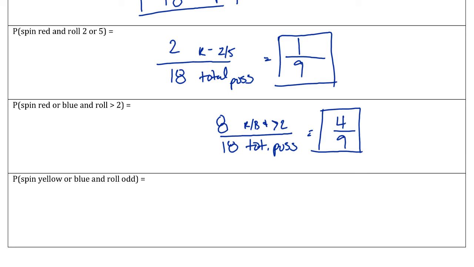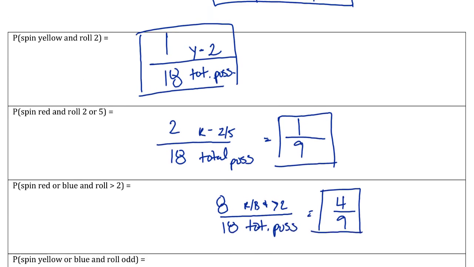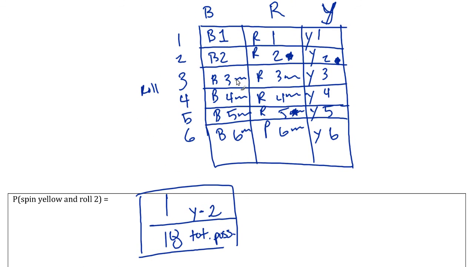All right, lastly, spinning a yellow or blue and rolling an odd. So spinning a yellow or blue and getting an odd.